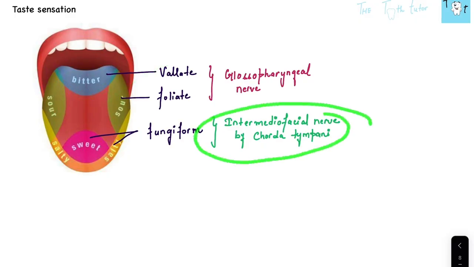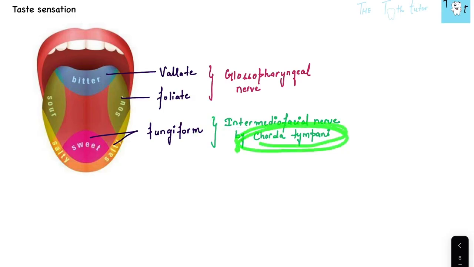The fungiform papillae, which detect sweet and salty taste, are supplied by the intermediate facial nerve, or you can just write chorda tympani. You don't have to go into that detail.